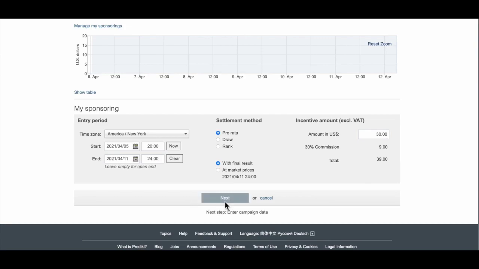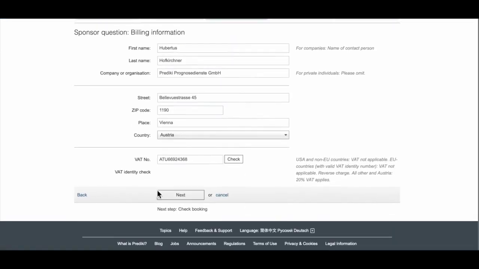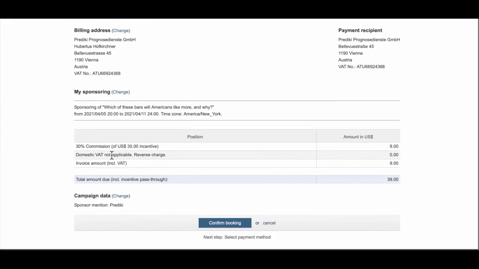I say next, and now I have the possibility to use this also like a campaign, but it doesn't really apply for a market research project. So I just say here this is sponsored by Prediki, and that be it. Next page, I enter my payment details. They are stored already. And here is my invoice.